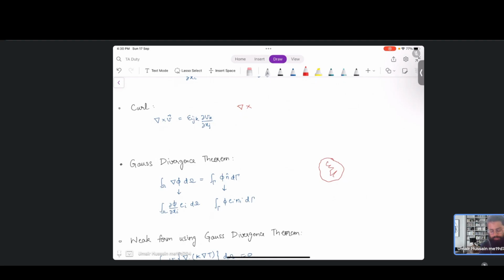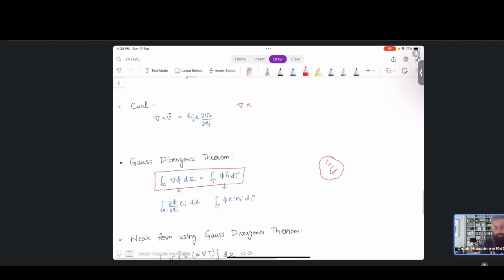So if we have a volume integral of the gradient of any function, we can transform it to a surface integral.